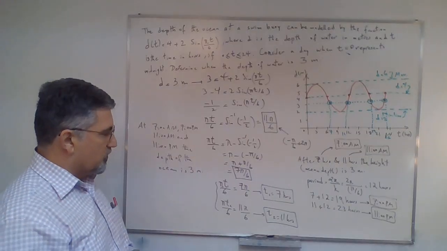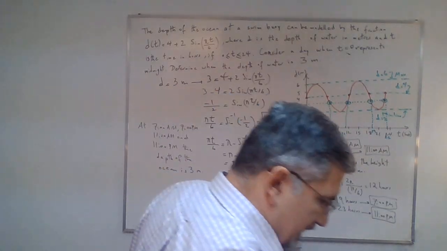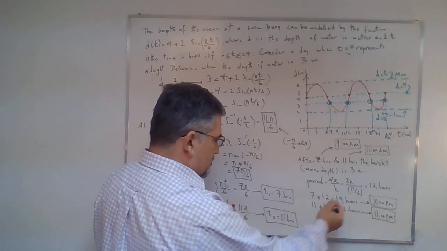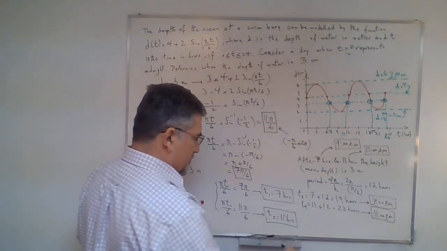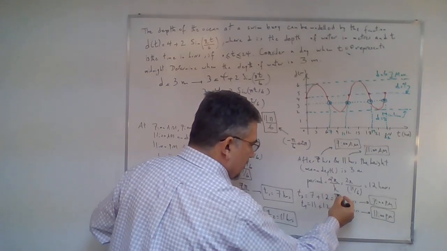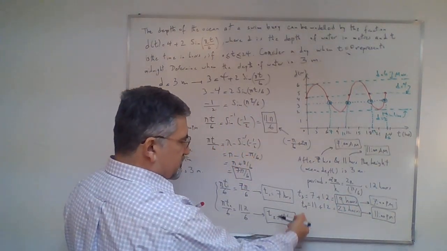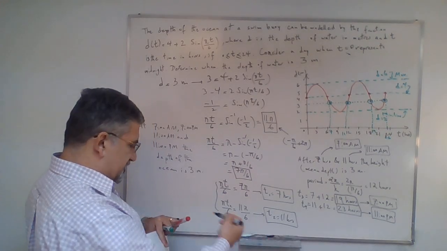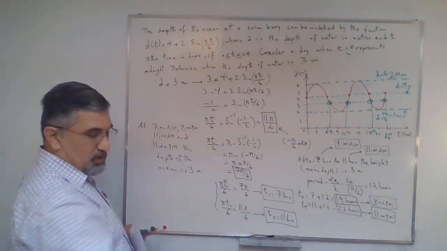Okay, so basically, let me just add that this was t sub 3 and this was t sub 4. So 19 hours and 23 hours, t sub 3, t sub 4, and t sub 1, t sub 2, 7 and 11 hours that we derived initially from solving the trigonometric equation.